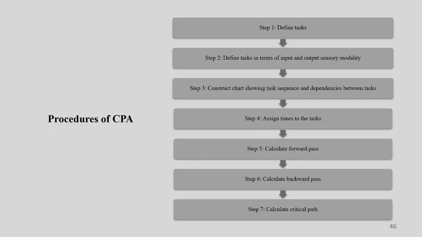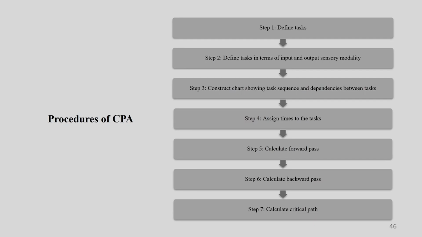Once we have that chart ready, we have to assign the time taken for each task. Then we have to calculate the forward pass and backward pass. Once this whole thing is ready, ultimately we have to calculate the critical path. So this is the whole process of doing the critical path analysis.